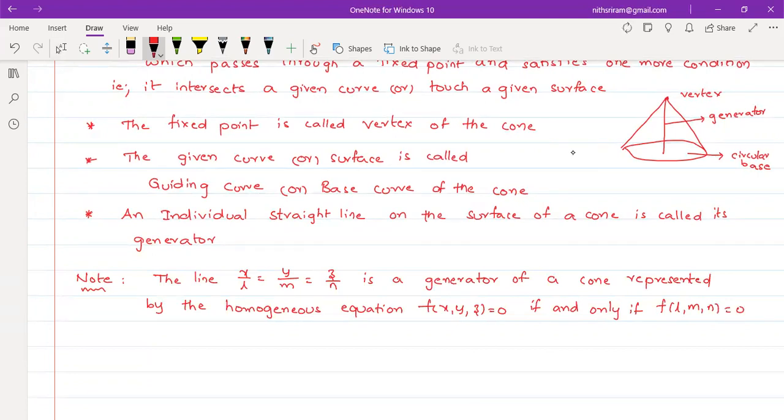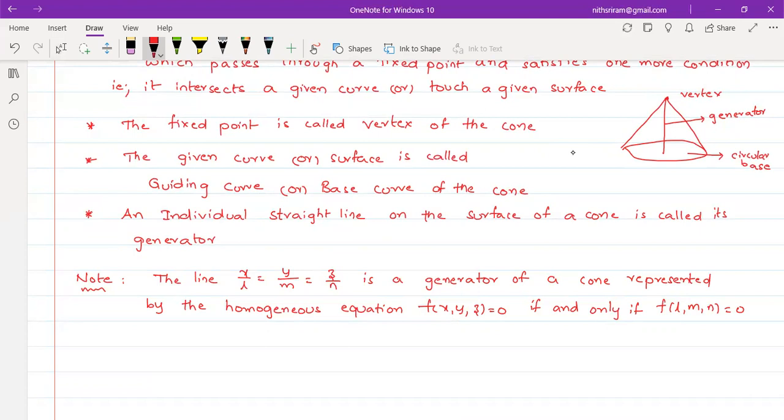So this point states that suppose we are given a generator of the cone; the generator is nothing but a line equation, with denominator values l, m, n in x by l, y by m, and z by n. If those values satisfy the given cone equation, it means we substitute l, m, n values in place of x, y, z in the given cone equation.